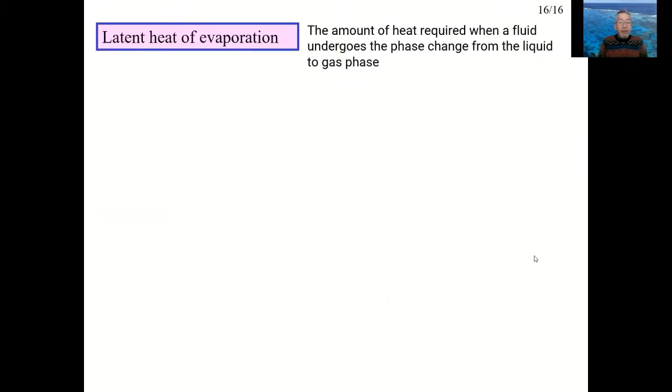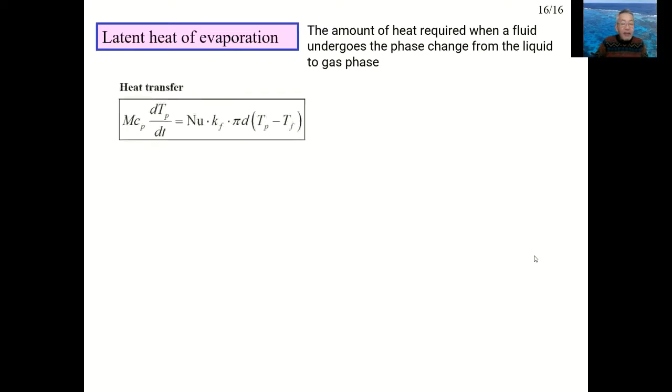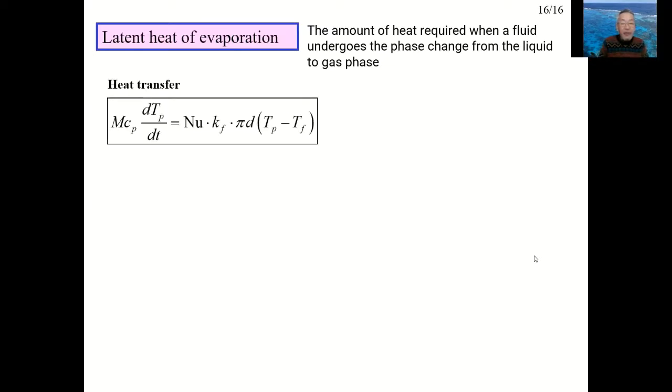Finally, the formula is shown that considers the latent heat of vaporization when the droplet evaporates. The latent heat is the heat quantity required when the fluid undergoes a phase change from the liquid to gas phase. The heat quantity per time is shown first. This equation is the temperature equation of a particle.